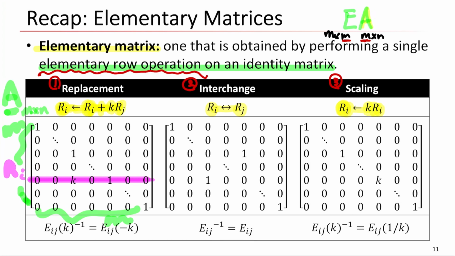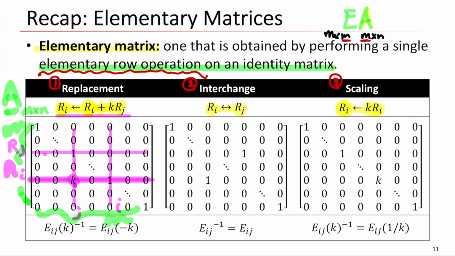This matrix has the same number of rows and columns, so this is also j and this is also i. In row i, if we put this k value, then we can perform the replacement, right?